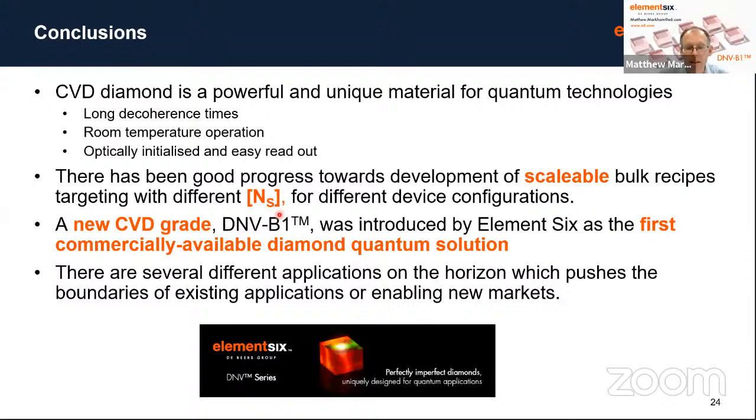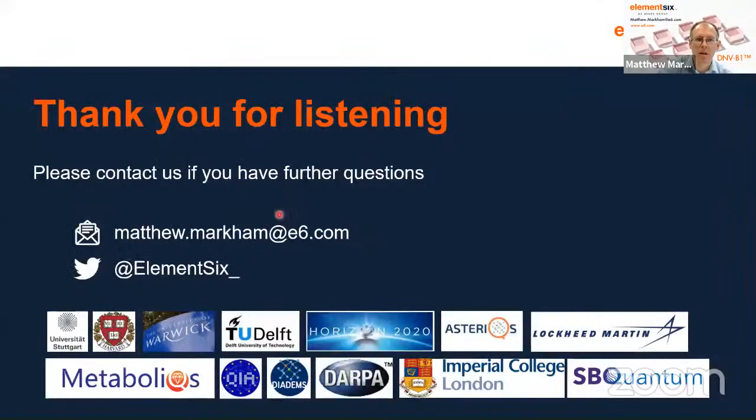And also that it's a really exciting time, with several new applications on the horizon, which are pushing the boundaries of existing applications, or really enabling new markets. So it just leaves me to say thank you very much for listening, and also thank you to our partners and various funding agencies. I'm taking a little bit too long.